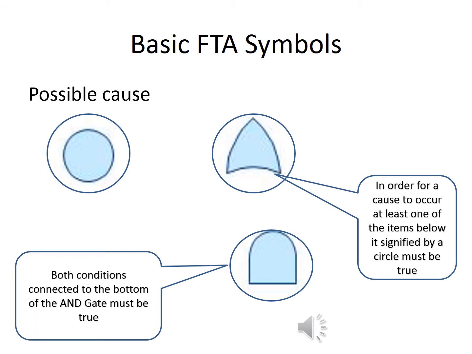The umbrella-shaped symbol with a curved lower edge means that for a fault to occur, at least one of the items below it, signified by the circle, must be true. The umbrella-shaped symbol with a straight lower edge means that both conditions connected to the bottom of the AND gate must be true.